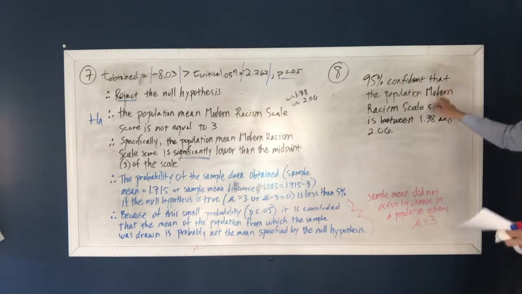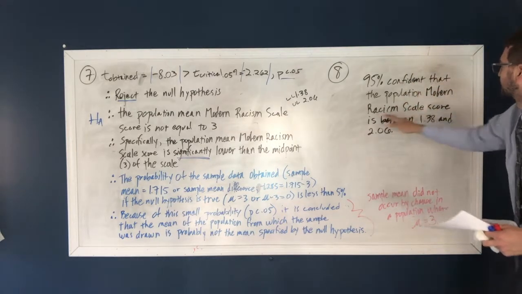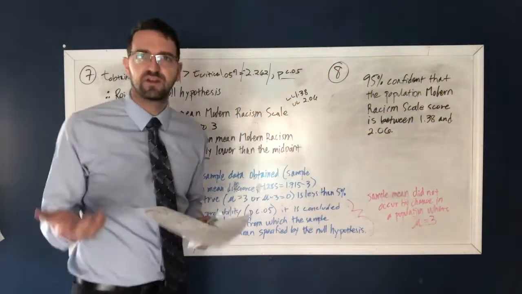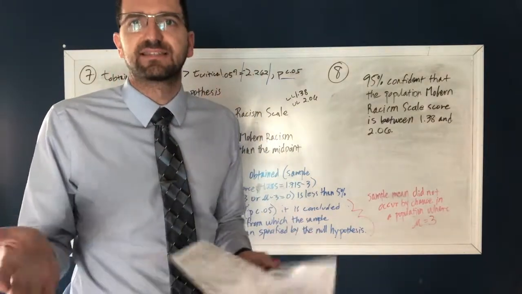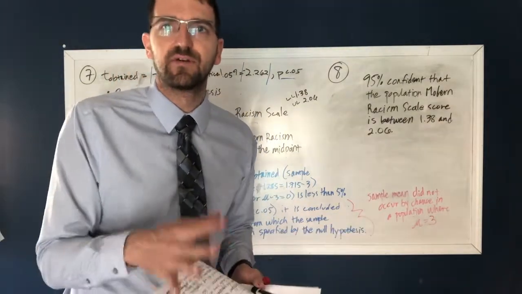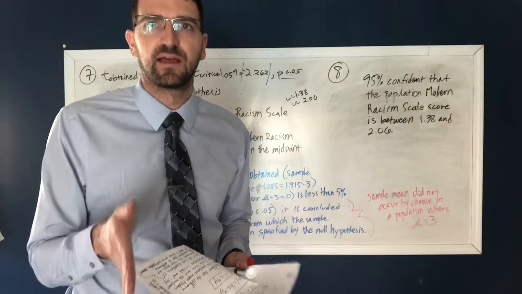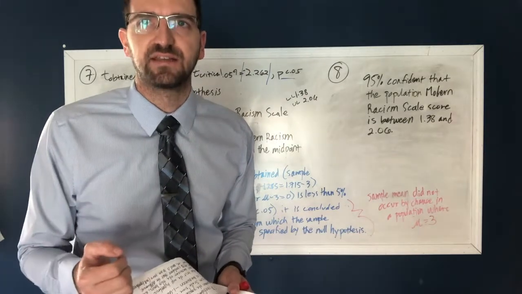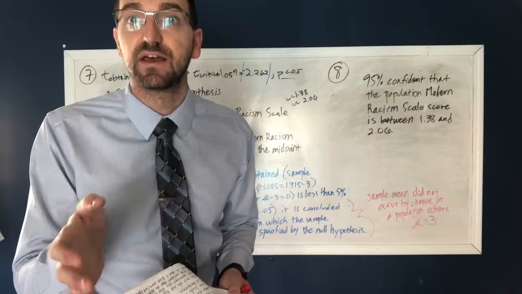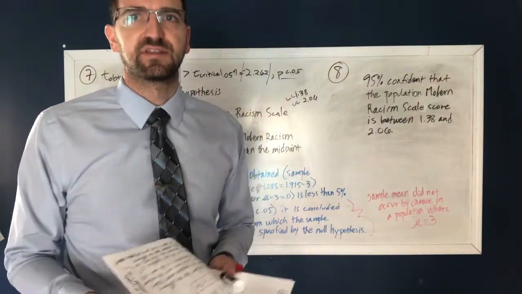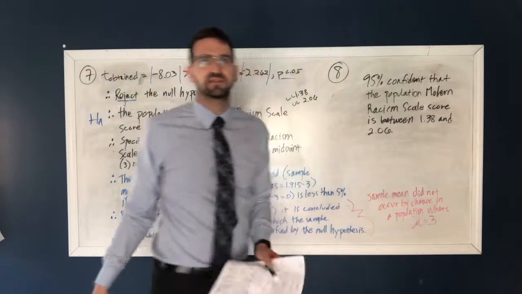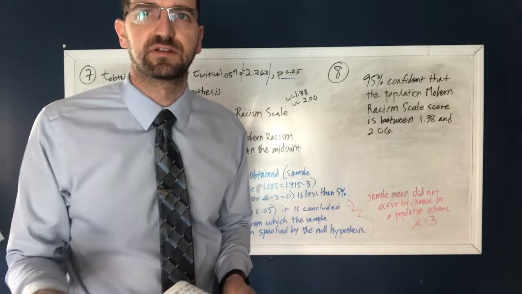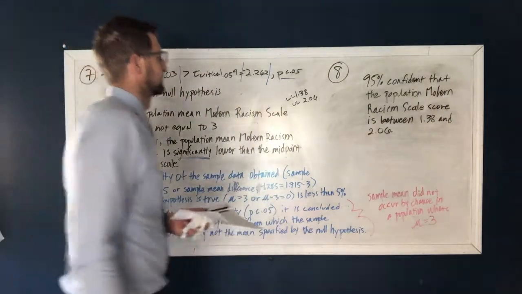So 95% confident that the population modern racism scale scores between a 1.38 and a 2.06. Okay, so that's definitely below that 3, right? 3 isn't included. Remember what the null hypothesis is saying. The null hypothesis is saying the population modern racism scale score may be equal to 3. Well, is 3 a possibility? No, 3 is not a possibility, so we reject the null hypothesis and interpret the alternative hypothesis just like we did.